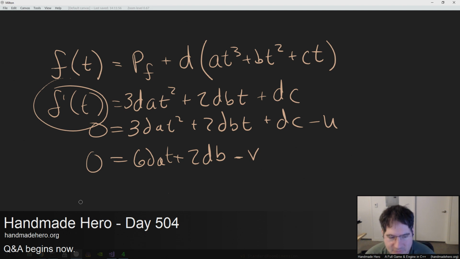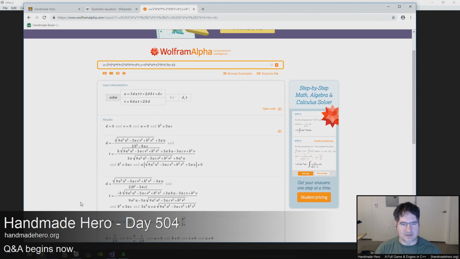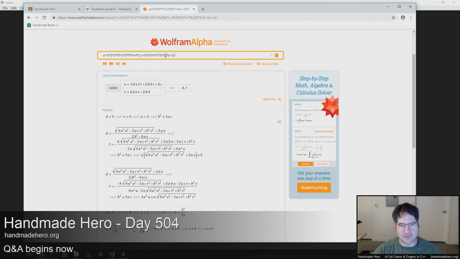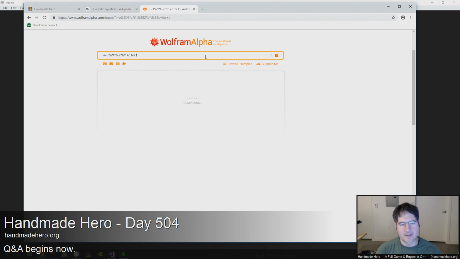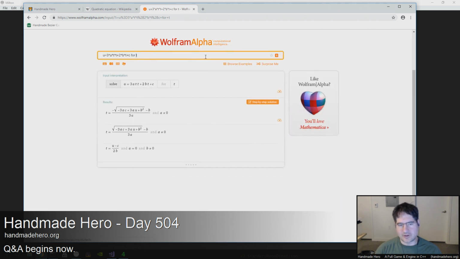Because again, solving this just for one of these variables is actually much easier, right? If we just wanted to get rid of the d, you know what I mean? If all we were doing was solving for t, then it's really straightforward.